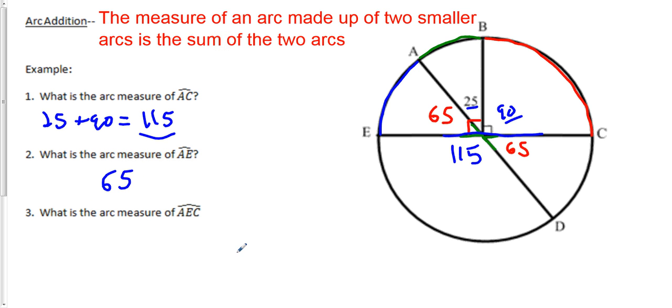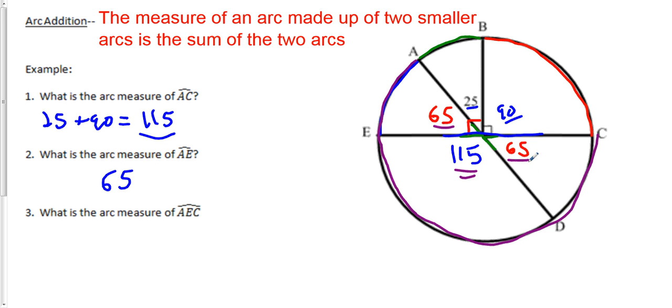What's the arc measure of AEC? So that's, let's do this in purple. A to E and all the way back around to C. So we have to add all of these, 65, 115, and 65.